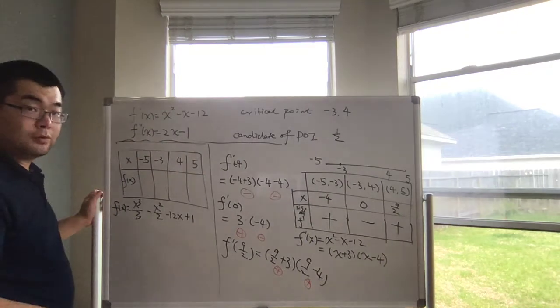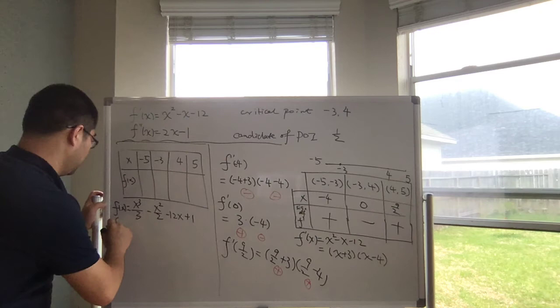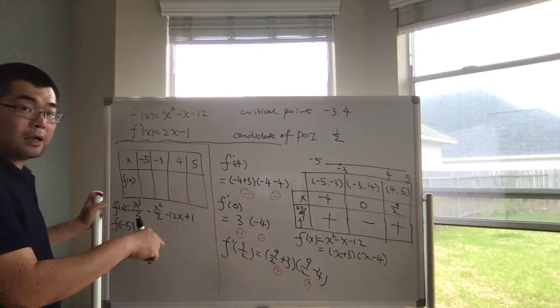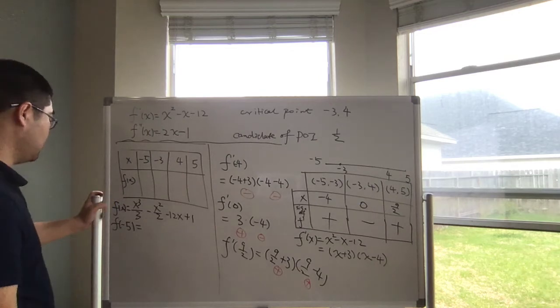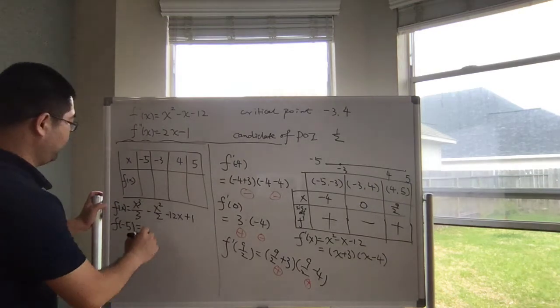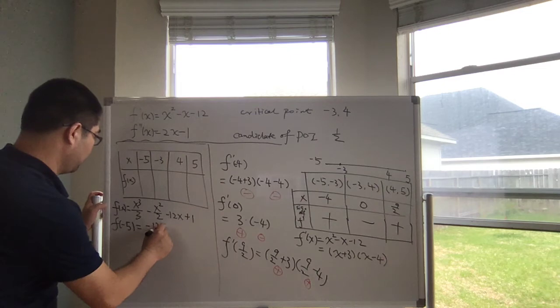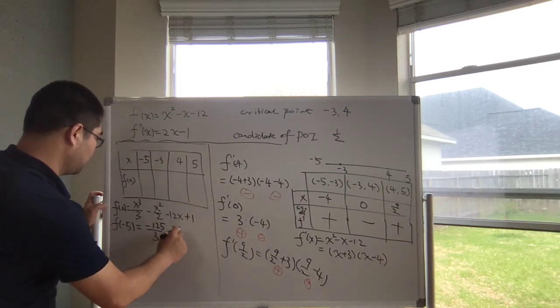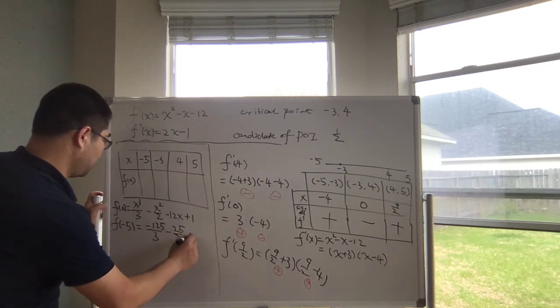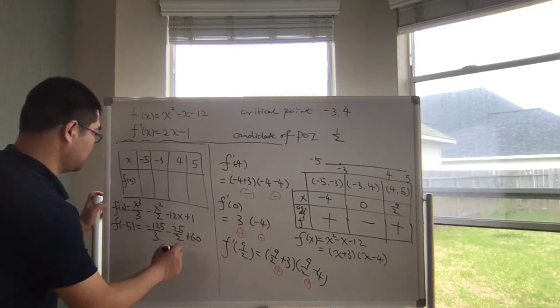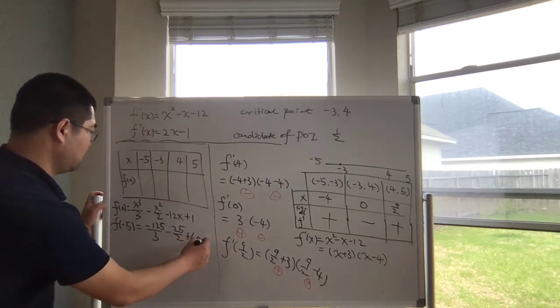So we have to do the dirty work. f(-5): I directly calculate this part, guys, and then you can use a calculator to verify. So it's -125 over 3 minus 25 over 2 plus 60 plus 1.